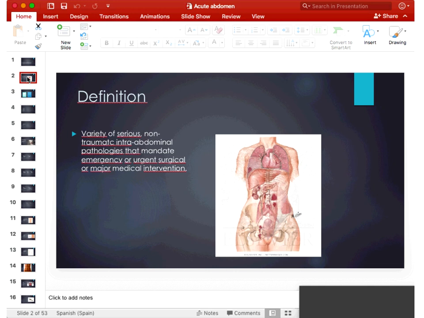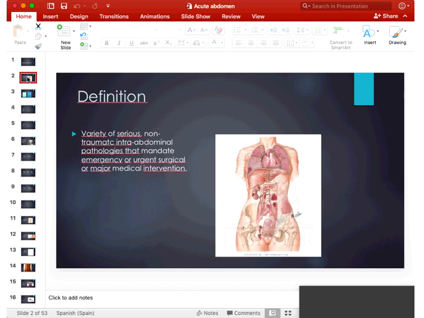As a definition, it's a variety of serious, non-traumatic or traumatic intra-abdominal pathologies that will mandate emergency operation or a major medical intervention, because not all acute abdomens are necessarily surgical.